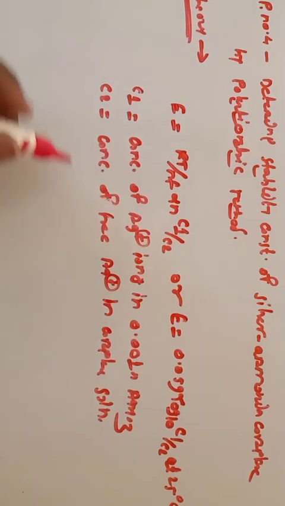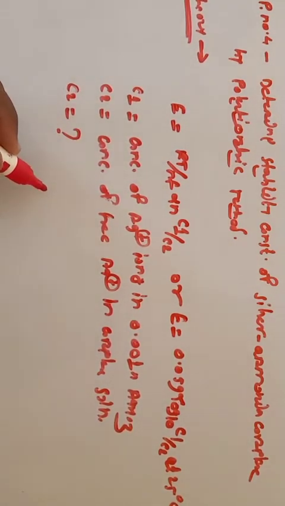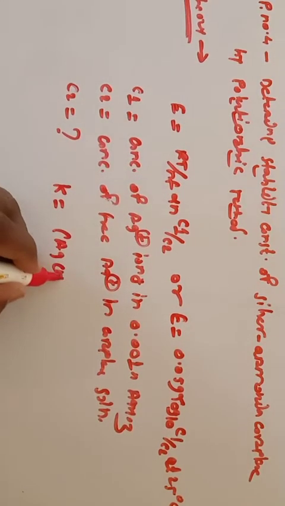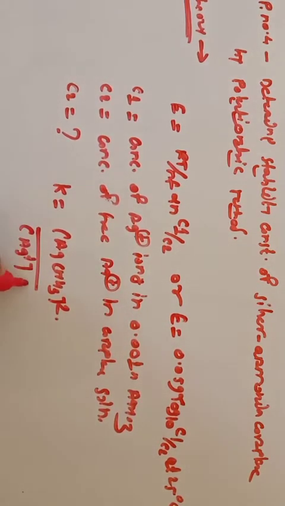So you have to rearrange this equation to find out C2. C2 is nothing but the concentration of free silver ions, because to find out the stability constant K, we require this term, that is, the concentration of silver ammonia complex divided by the concentration of silver ions into the concentration of ammonia.